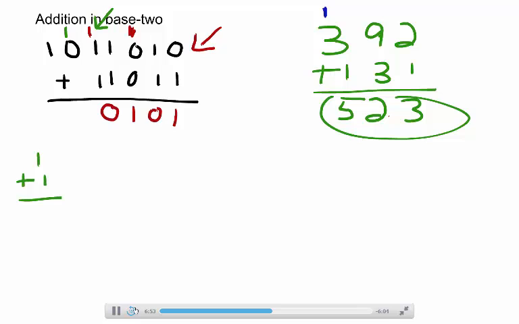So we carry, and we have 1 left over. Now 1 plus 0 is 1. And finally, we carry down a 1. Therefore, the sum of our two binary numbers is 1110101.